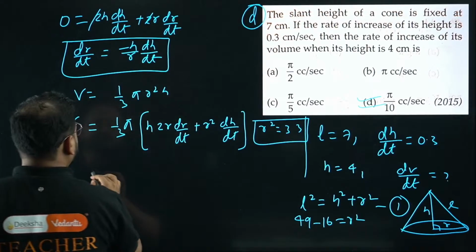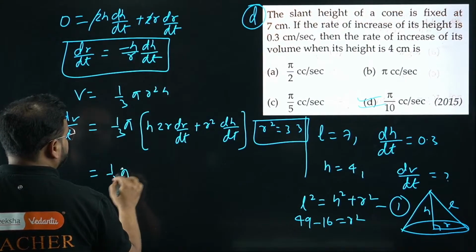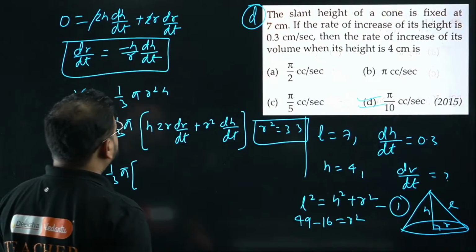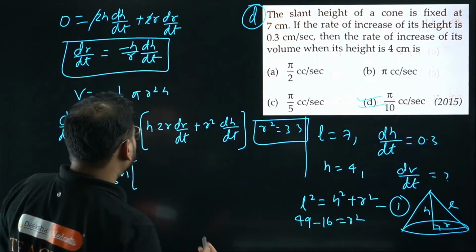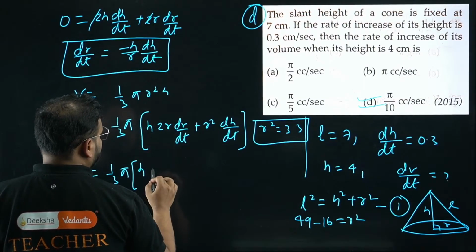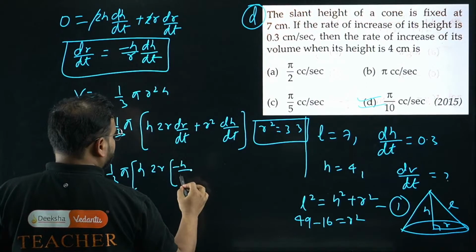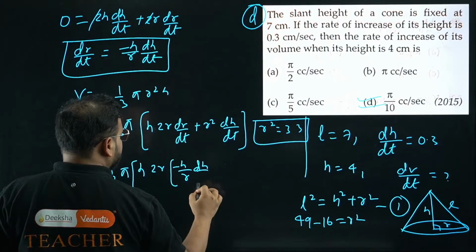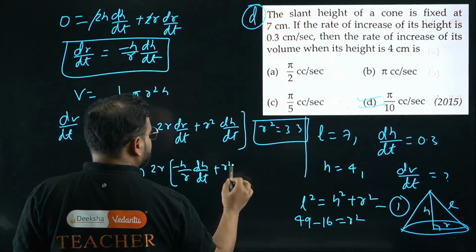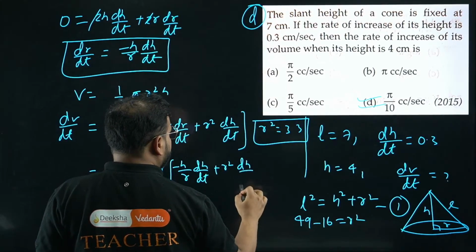We'll substitute h later. We have 2 into r times minus h by r dh by dt, plus r square dh by dt.